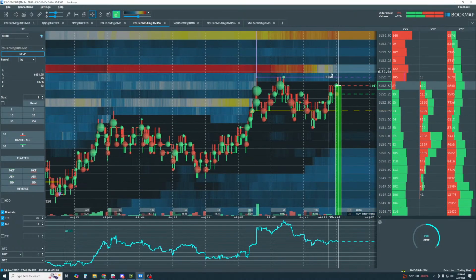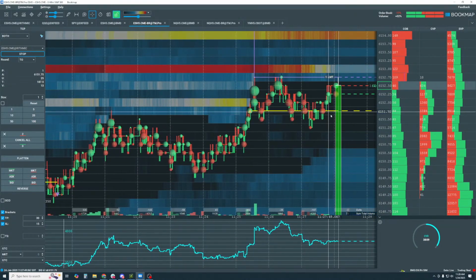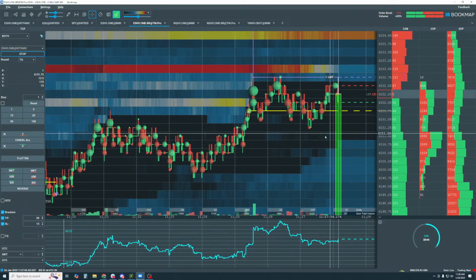Okay, good to see them pull here. In fact, we can probably move our target up. I'm not going to. I just want to get filled and get out of this.